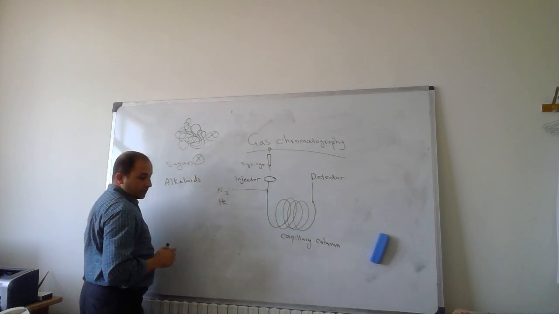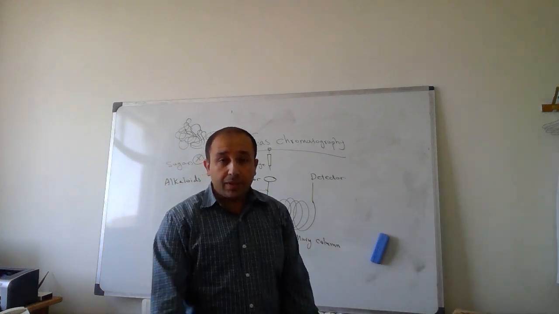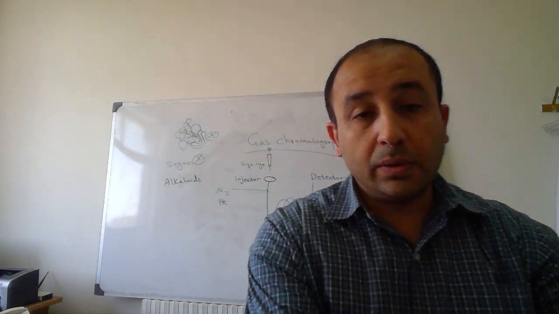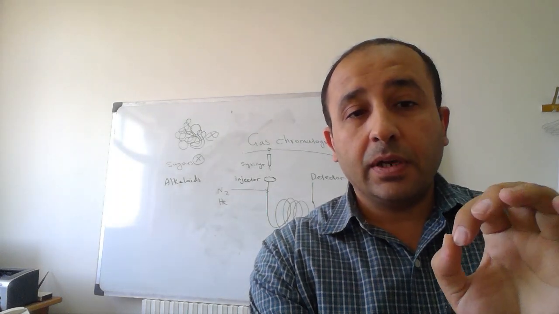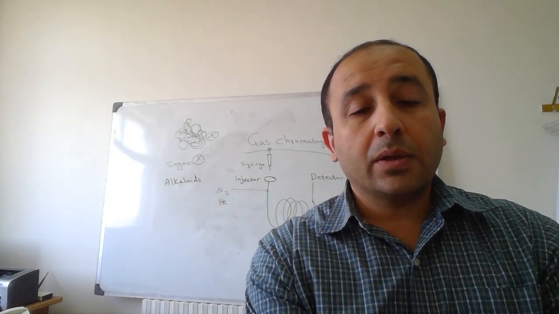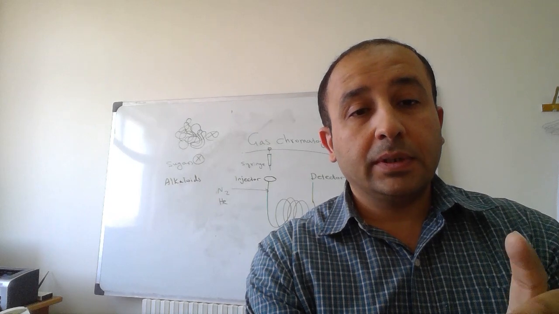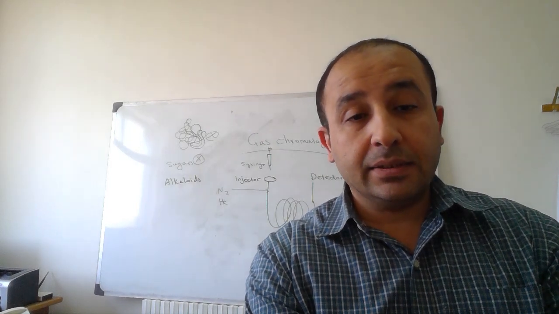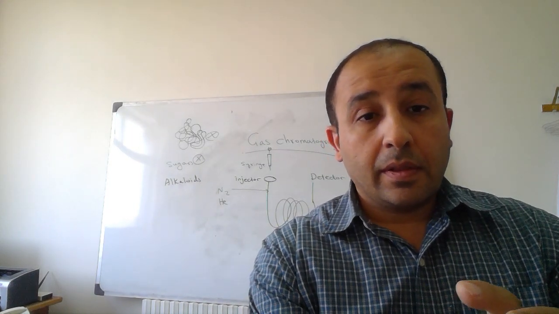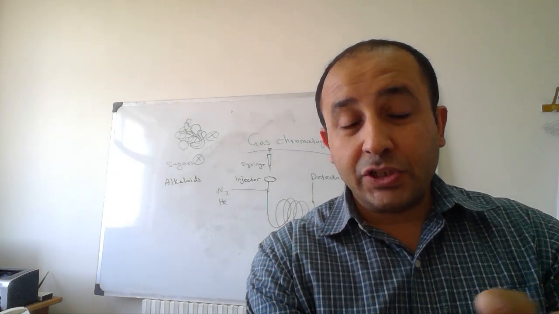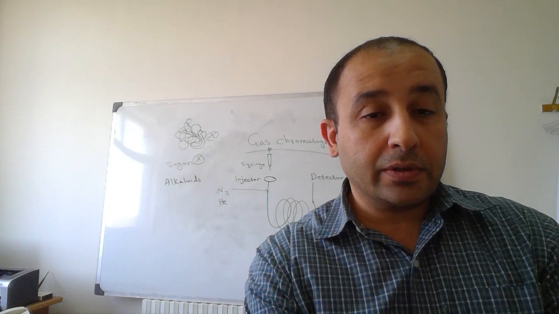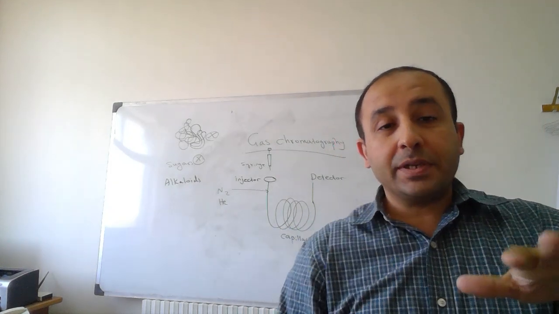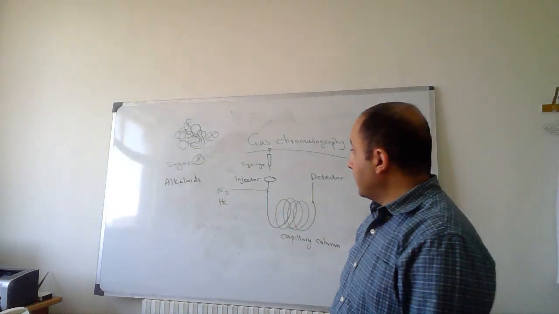So if the alkaloid is prepared as a salt, for example, if you precipitate the alkaloid from organic solvent by adding acid, the precipitation is due to formation of salt. Salt is not soluble in organic solvent, so we will have precipitation of the alkaloid.